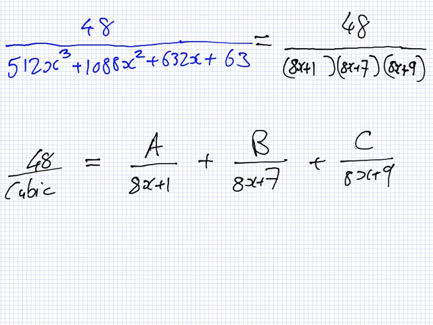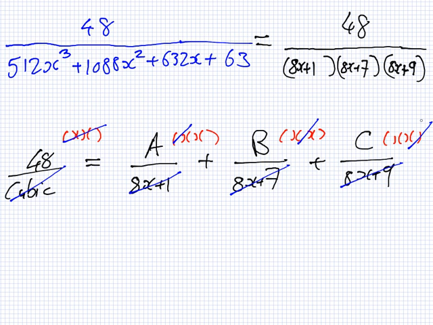Next. What's next? We have to multiply everything by the 3 factors. So what happens here? The 3 factors cancel the cubics. The first factor cancels the first, the second cancels the second, and the third cancels the third.